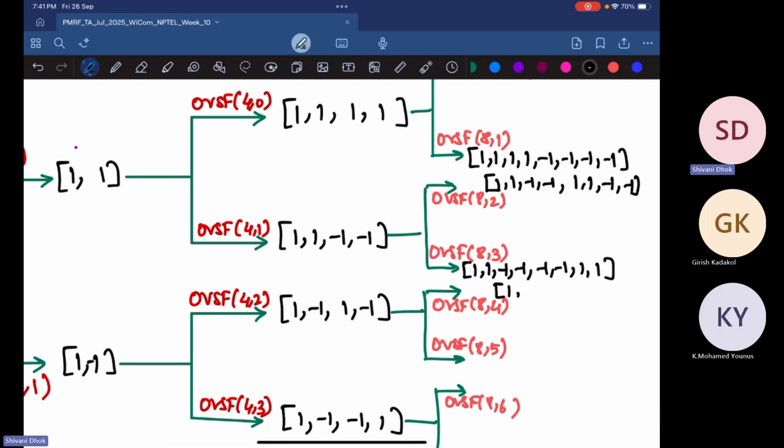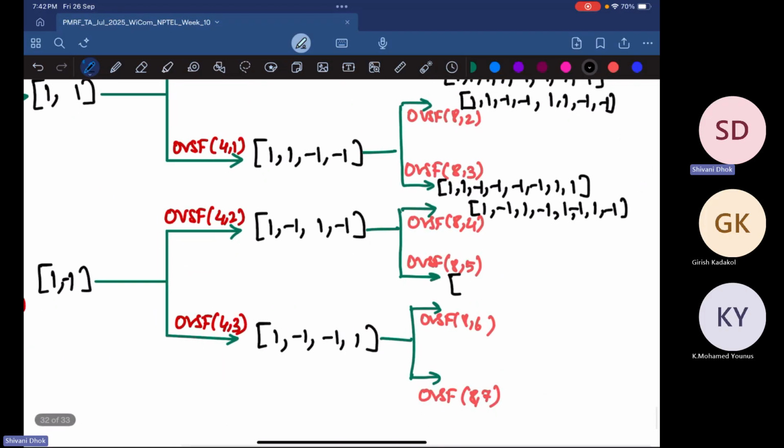Here we have 1 minus 1 1 minus 1, and same thing repeated. However, for the next one, we first repeat it as it is, 1 minus 1 1 minus 1, and we flip the sign: minus 1 1 minus 1 1.